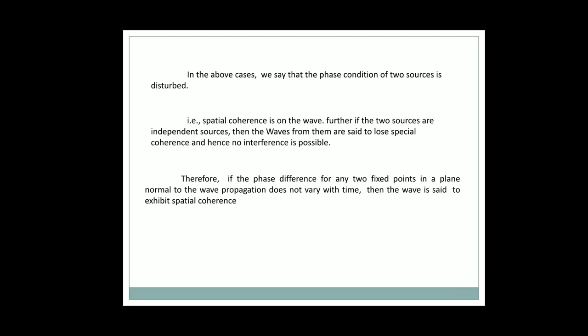Therefore, if the phase difference for any two fixed points in a plane normal to the wave propagation does not vary with time, then the wave is said to exhibit spatial coherence. In spatial coherence, there is no obstruction in the passage of the two light rays.